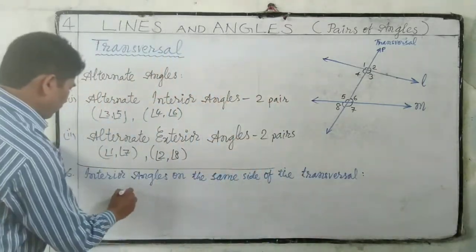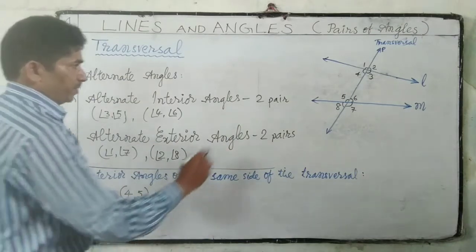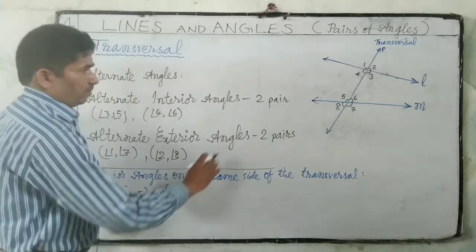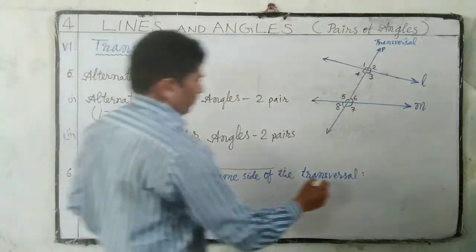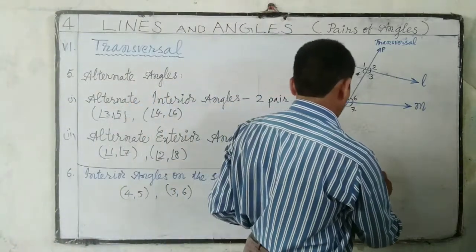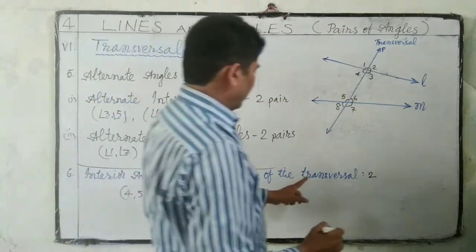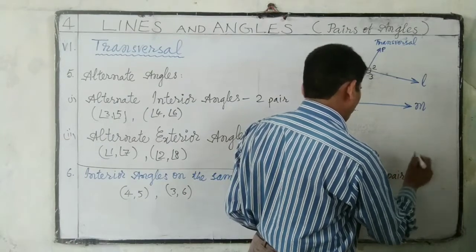So 4, 5 on one side of the transversal, 3, 6 on the other side of the transversal. So these are two pairs. Interior angles on the same side of the transversal, two pairs.